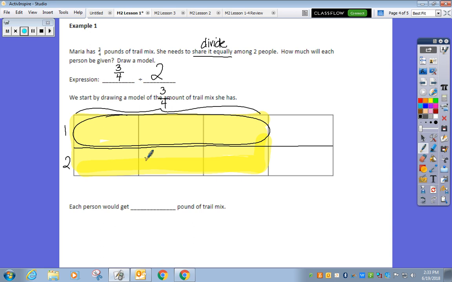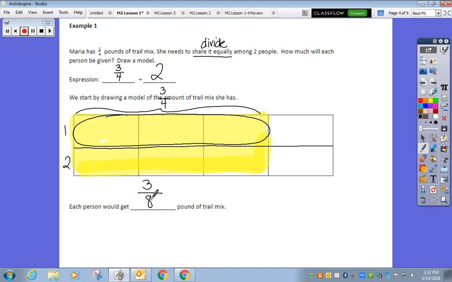Each person is getting 3 shaded pieces out of however many total pieces are in the whole now. Before it was 3 out of 4, now each person is going to get 3 shaded pieces out of 1, 2, 3, 4, 5, 6, 7, 8 parts in the pound. So we've split the whole pound up, and this is the fraction of the entire pound that each of the 2 people would get.